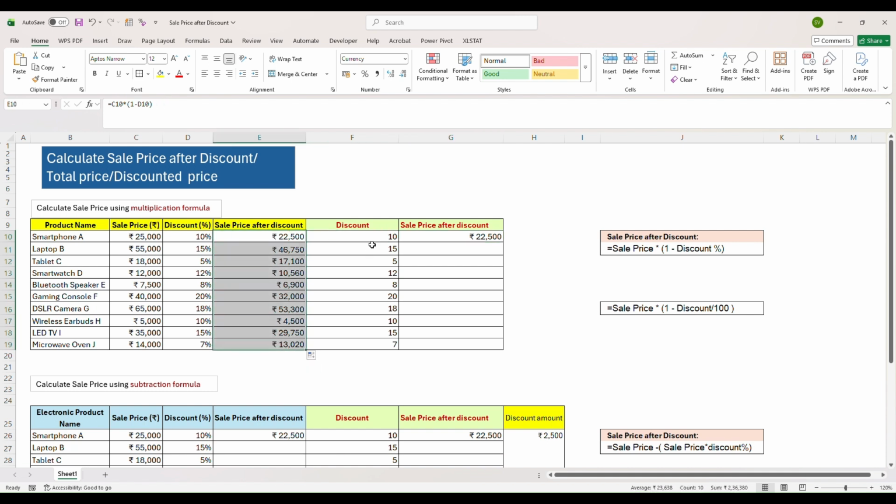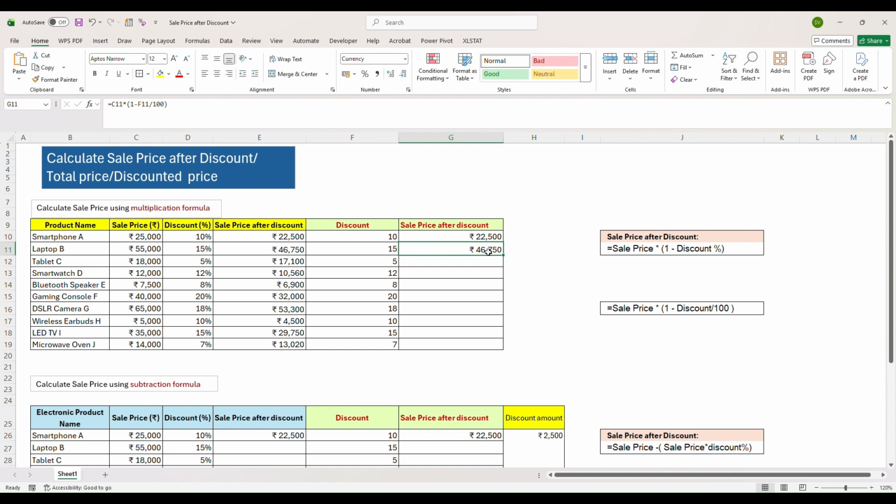Now, sometimes you don't format the cells and you just give the discount value. In that case, you'll use the same formula, but you'll be dividing the discount by 100. So this is equal to sale price multiplied by 1 minus the discount value divided by 100, and press enter.